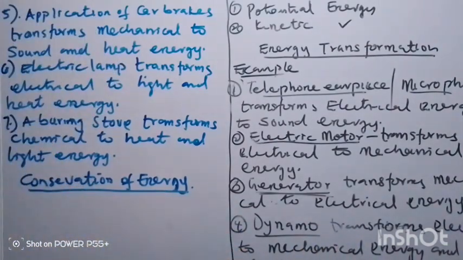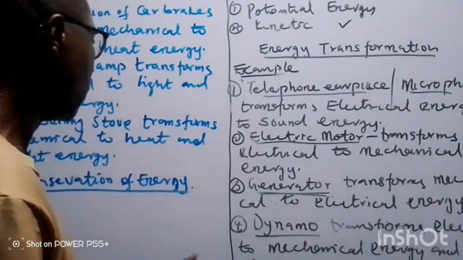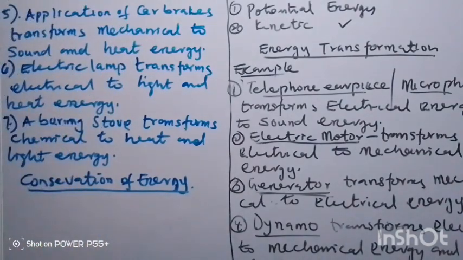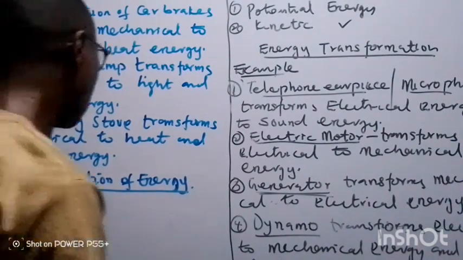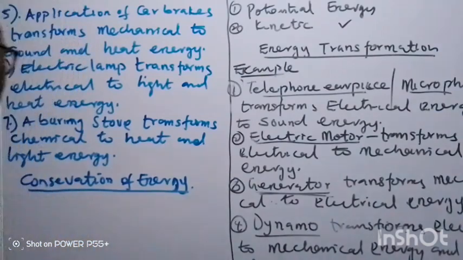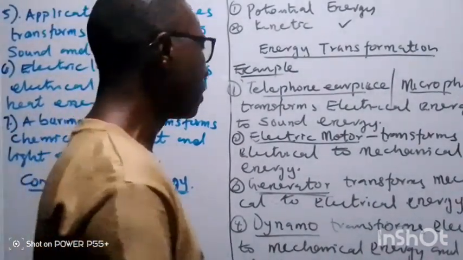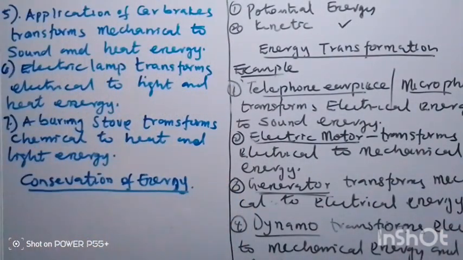So when you have such system, then energy can neither be created nor destroyed during transformation. Or simply you say the principle of conservation of energy states that in an isolated or closed system, the total energy is conserved. That is, it can be transformed from one form to another, but the total energy remains constant. That's the simple principle of conservation of energy.